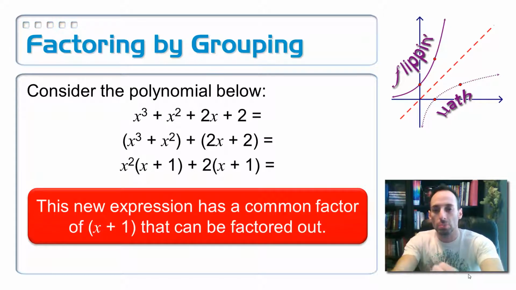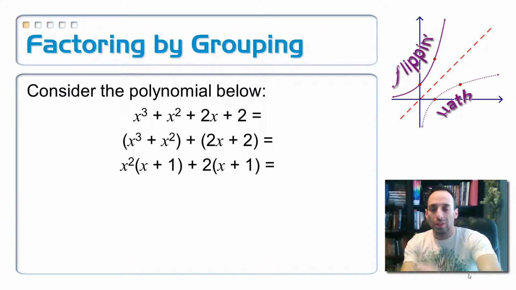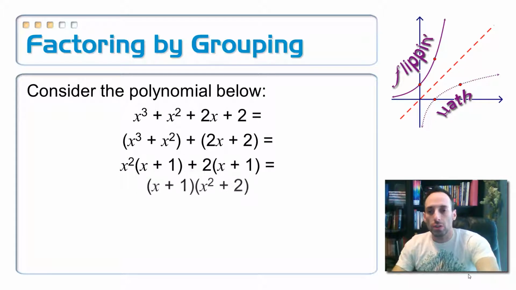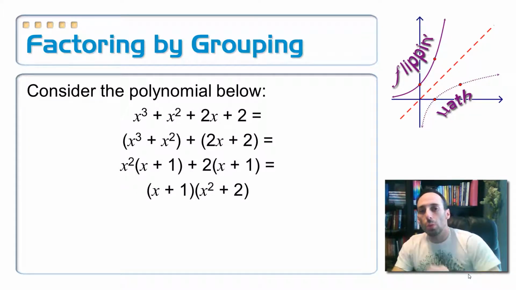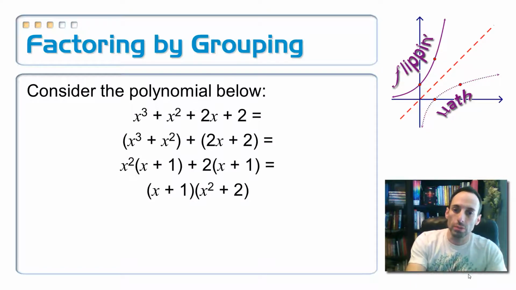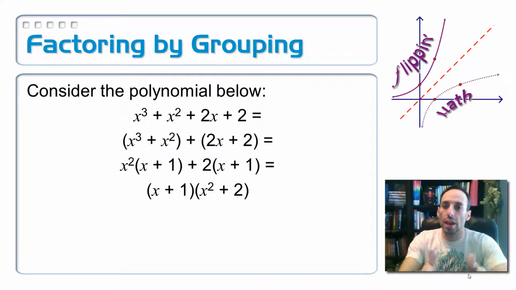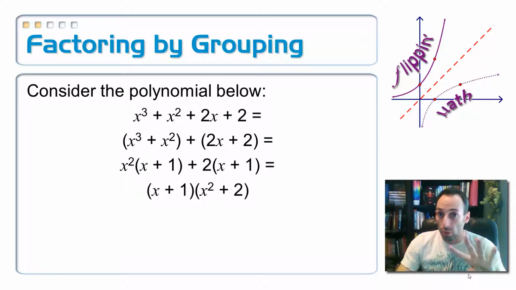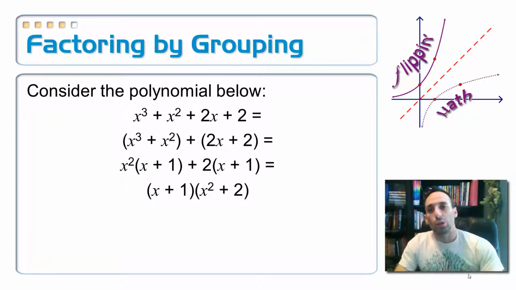So this new expression has a common factor of x plus 1 that we can factor out. When I factor out the x plus 1 from each of those terms, what's left behind from the first one is x squared, and what's left behind from the second one is plus 2. So now we have just factored that cubic polynomial, 4 terms, by grouping.